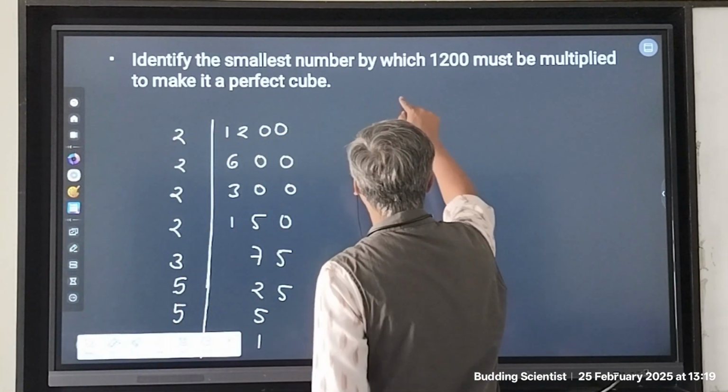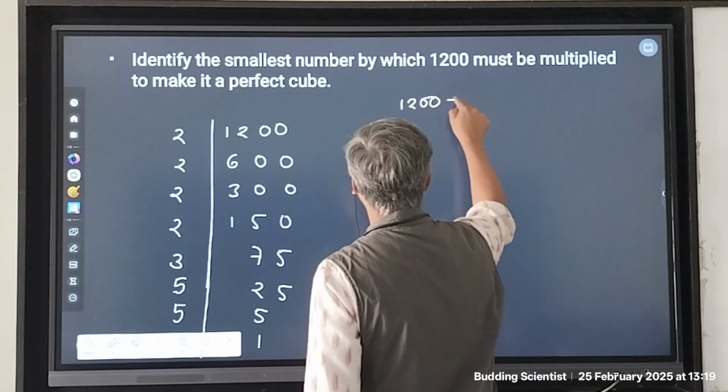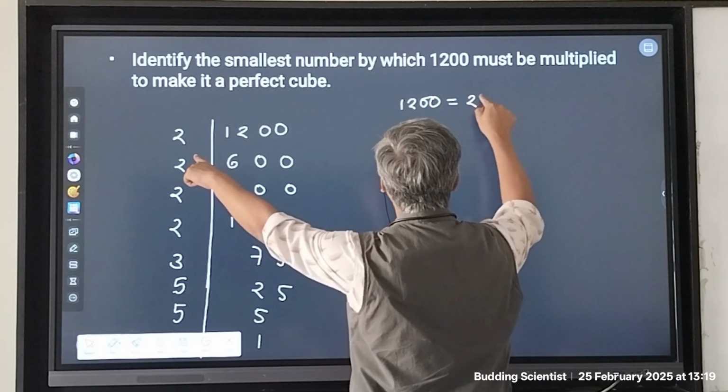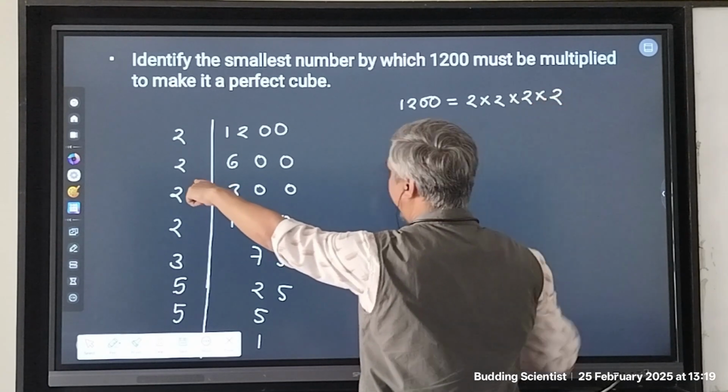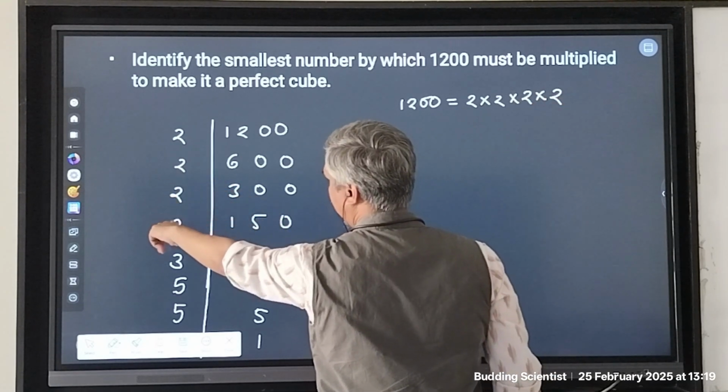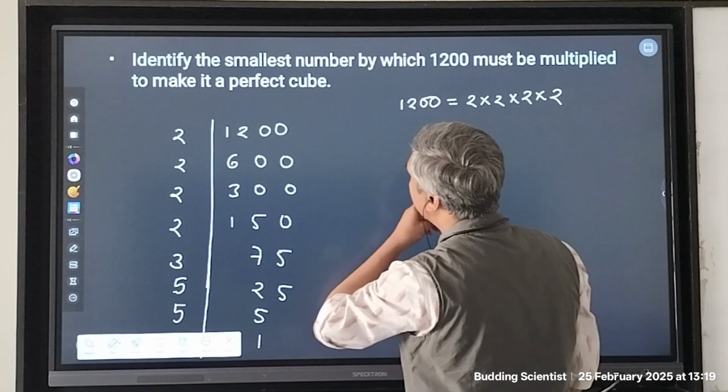So we have 1200 is equal to 2 into 2 into 2 into 2, 4 times 2.